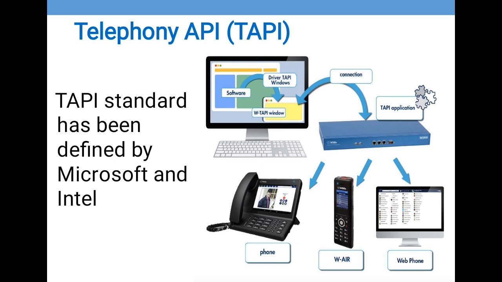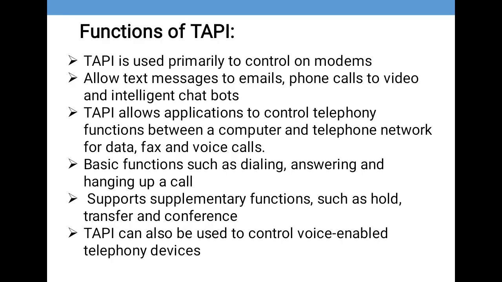The third interface is Telephony API, TAPI. It is a standard defined by Microsoft and Intel. The function of TAPI is to control the modem. It allows text messages to email, phone calls to video, and intelligent chatbots to the user.